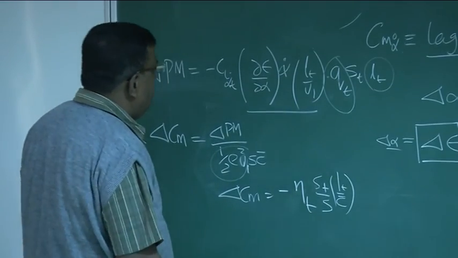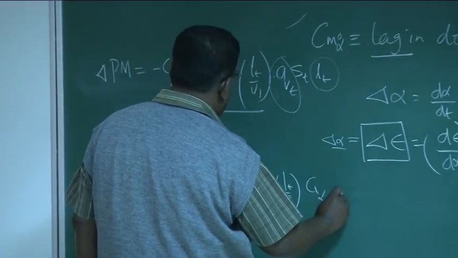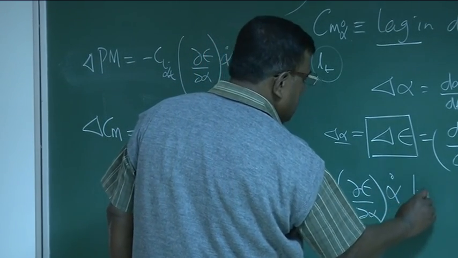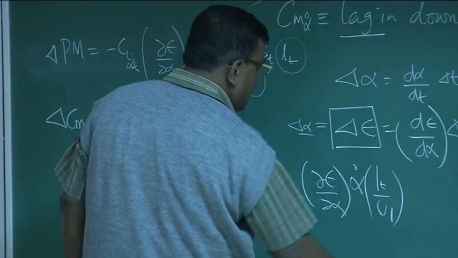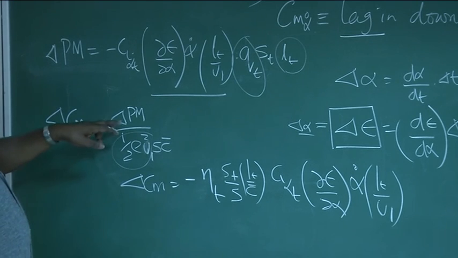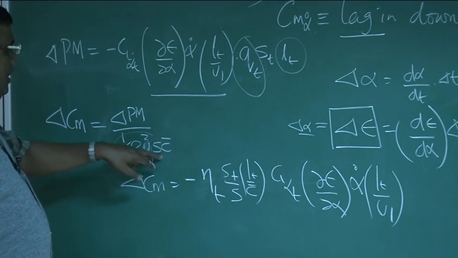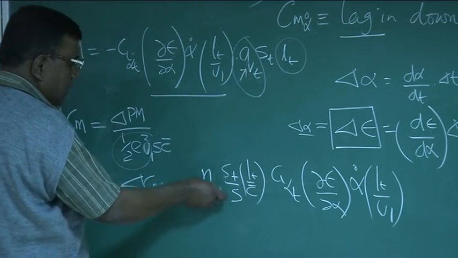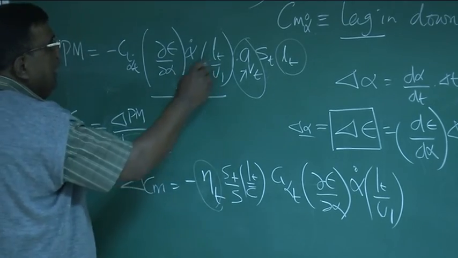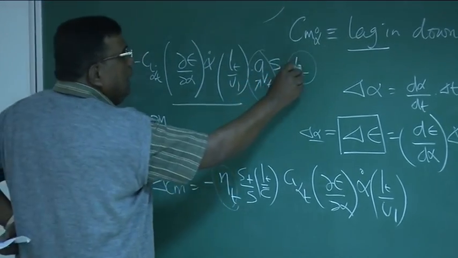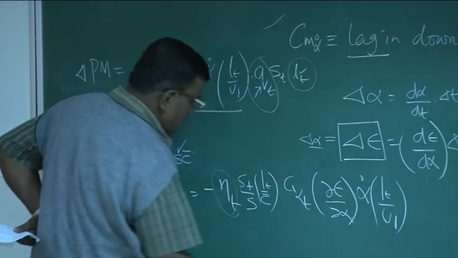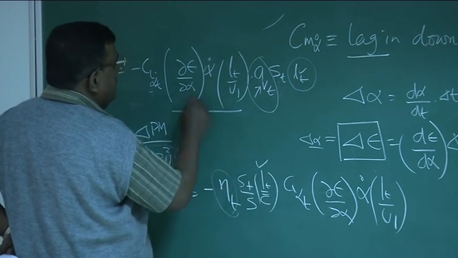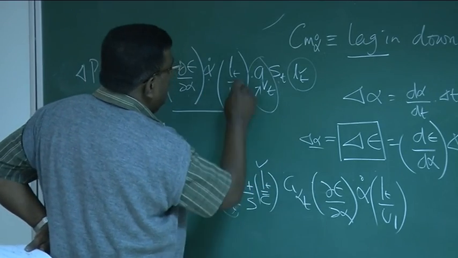And of course, we have Cl alpha tail d epsilon by d alpha into alpha dot Lt by u1. Let us check. This is pitching moment divided by half rho u1 square S c bar. So half rho u1 square and q tail, this ratio I represent by eta t, S t by S taken care, Lt by c bar taken care. Now we are left with Cl alpha tail, d epsilon by d alpha, alpha dot, and Lt by u1.